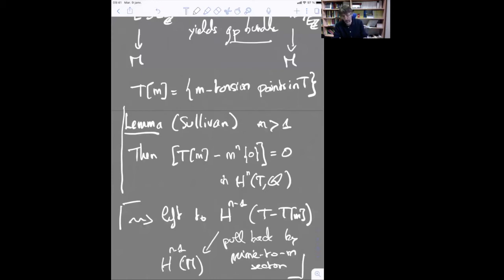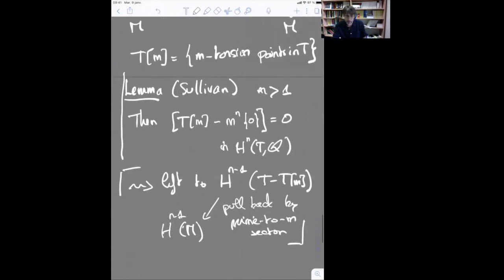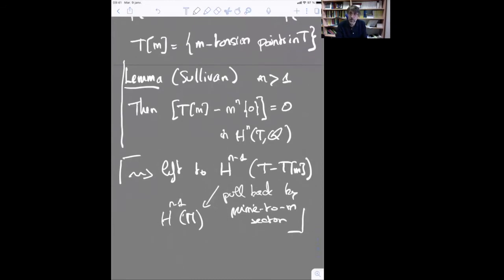So I mean, you can take the arithmetic space associated to a congruence subgroup of SL_n(Z), and in that way you produce interesting cohomology classes. So that's why it can be interesting to us and related to these Eisenstein classes. But now let me give the proof of Sullivan's lemma.